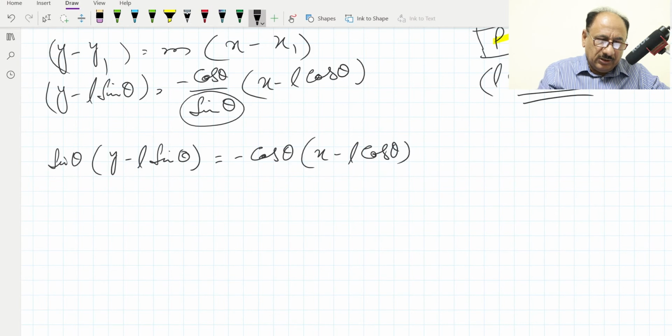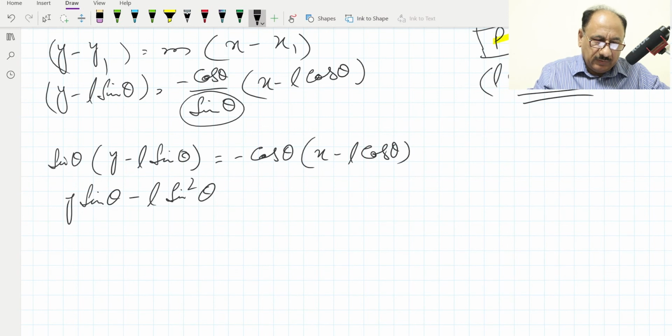Now if we open the brackets, this will become y sine theta minus L sine square theta will be equal to minus x cos theta, and minus into minus will be plus L cos square theta.